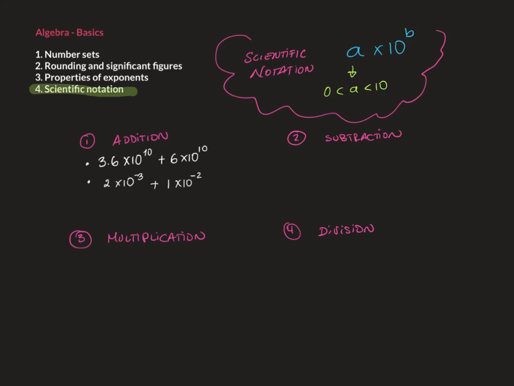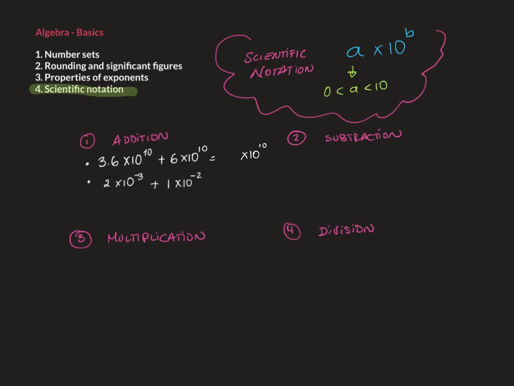Let's consider now how we operate on numbers when they are written in scientific notation. For addition, if both numbers are written such that they have the same exponent part, so 3.6 times 10 to the power of 10 and 6 times 10 to the power of 10, then we keep the 10 to the power of 10 intact and we just add the numbers regularly.